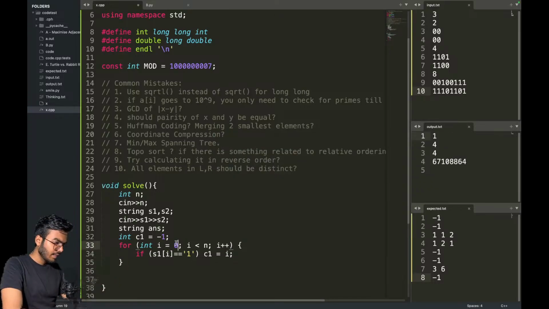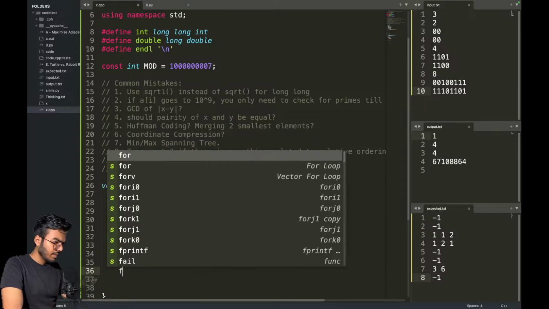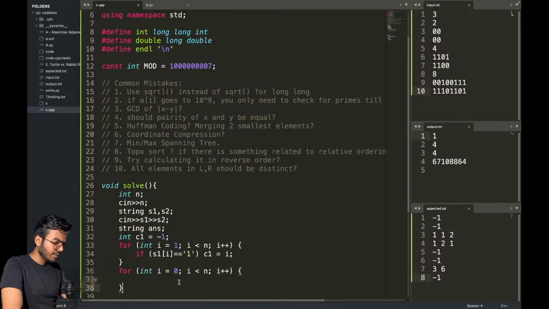Let's start from 1 because I don't actually care about the first, even if I have that 1. Now let's also do it for this, for i in range 0 to n. Let's say int C2 equals -1. If S2 of i equals 1, then C2 equals i.